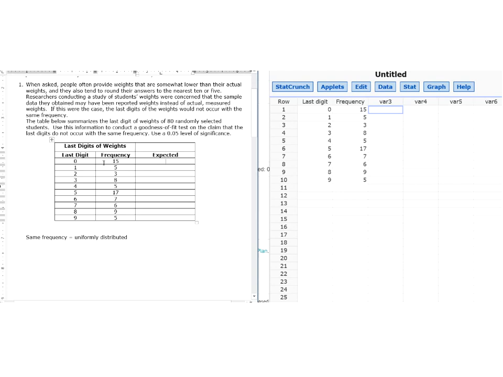In this one, since we're saying it's equally distributed, and we have 10 different categories, each one we would expect to have a proportion of 1/10. So we're just going to take 1/10 times 80 to get our expected value for each one of these. That's just going to give us 8, and it's going to be the same for each one, since what we're looking for is that the distribution is equal across all the categories. Okay, so that's what we would put into StatCrunch for our expected values.